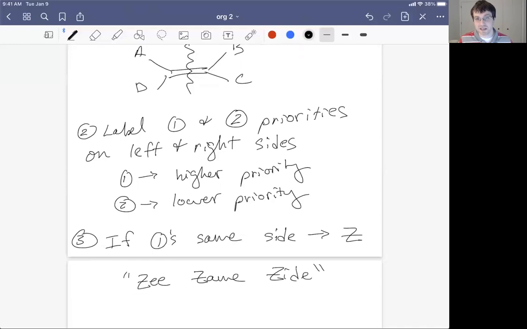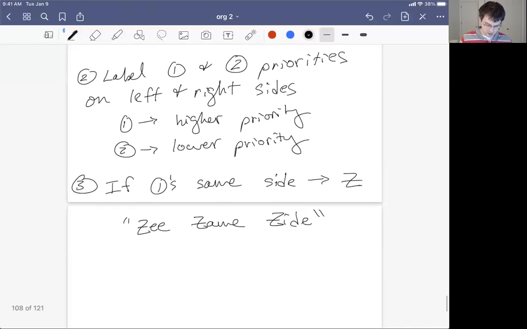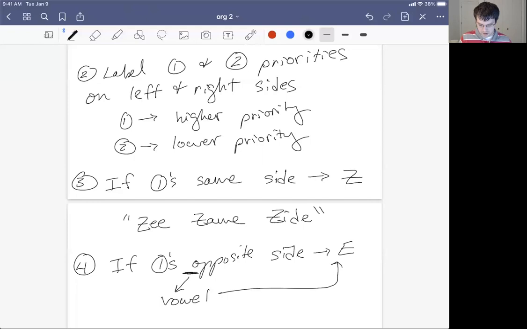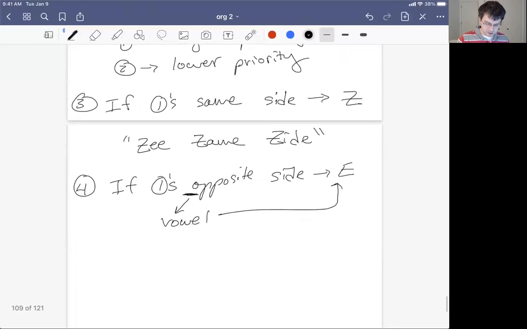If they're on the same side, Z, same, Zide, it's Z. If 1s are on the opposite side, it's E. Now, the way I remember this is opposite starts with a vowel, and entgegen, sorry, is also, E is just a vowel. So the vowel corresponds with opposite, which also starts with a vowel. Okay, so let's do this on our examples.